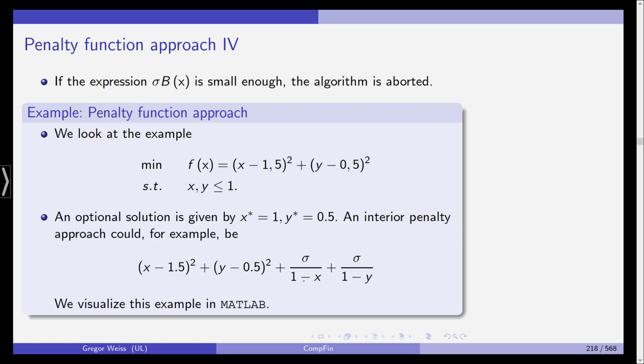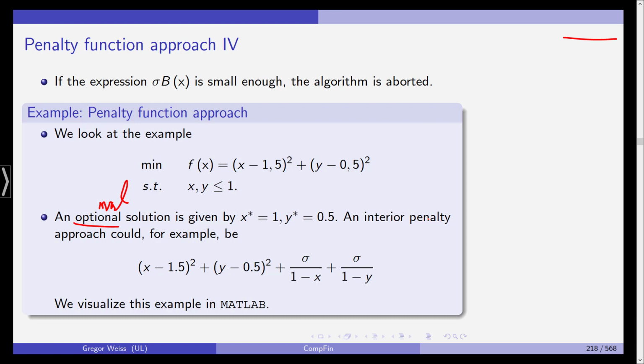We are looking at the function x minus 1.5 squared plus y minus 0.5 squared, under the conditions that x and y are both below 1. Now, the optimal solution is given by x star equals 1, 0.5.